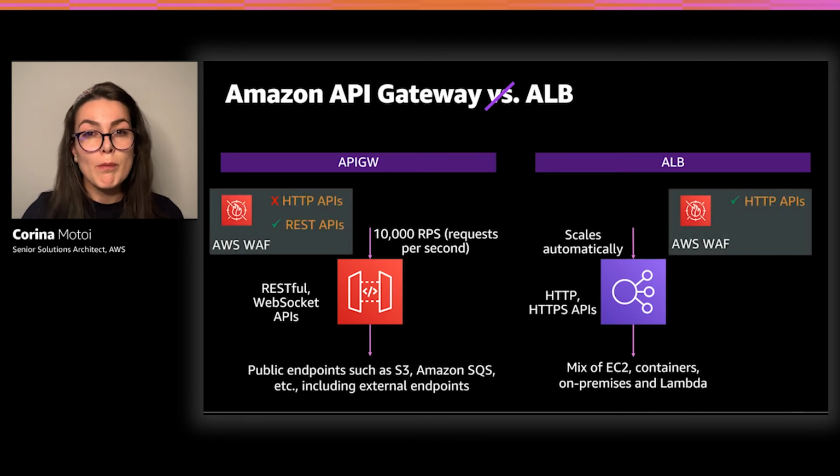Also, both services can be protected by AWS WAF, but HTTP APIs are for now supported only by the integration with the Application Load Balancer.